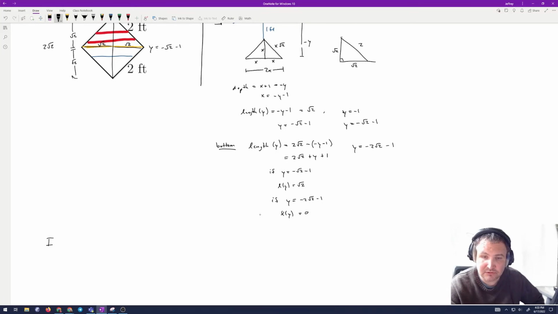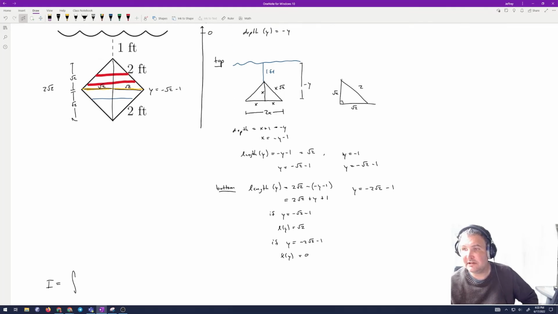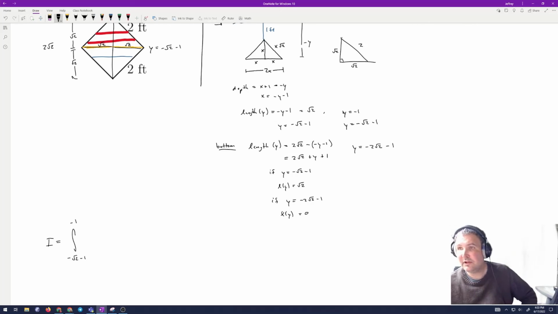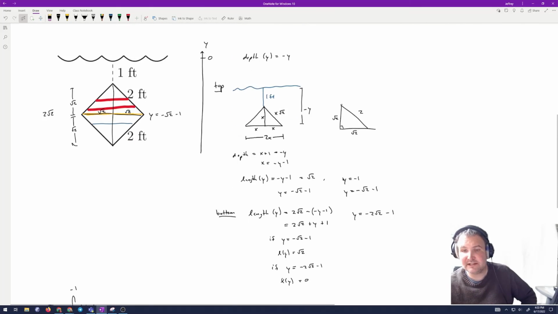So the integral equals, this is the top integral, and we're going to go from negative root 2 minus 1 to -1. Okay, and then we have our 62.4, which is the density of water.